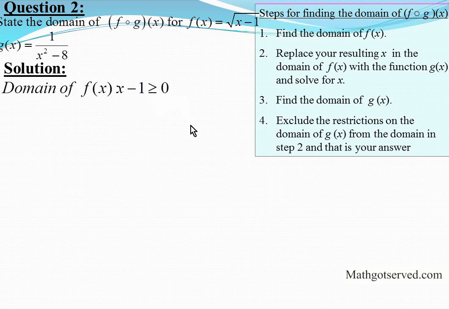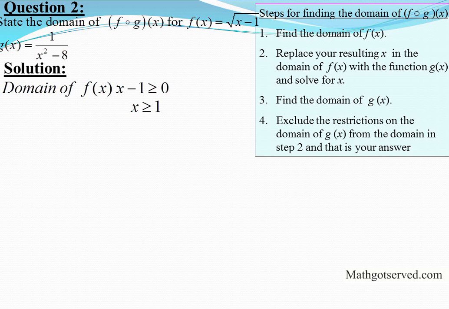If it's negative, we'll have imaginary results. So we take the radicand x minus 1, require it to be greater than or equal to 0. Now we're going to solve for x. We'll add 1 to both sides, so you have x is greater than or equal to 1.